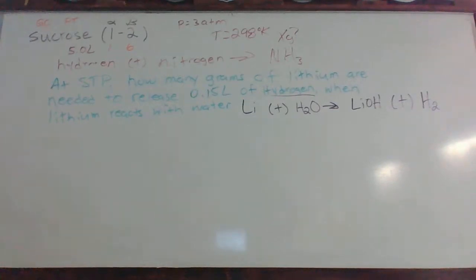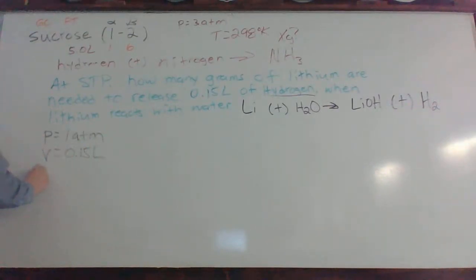So let's go ahead and we can do them simultaneously. There's a nice fancy word for you, simultaneously, because we've got a pressure of what? 1 atmosphere. We've got a volume of what? Okay.